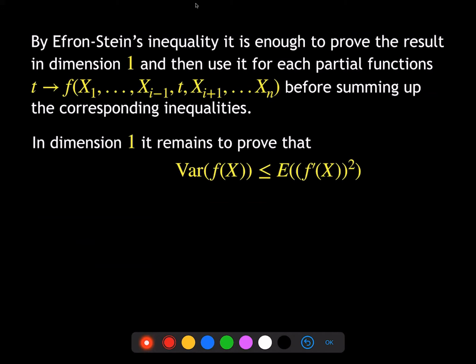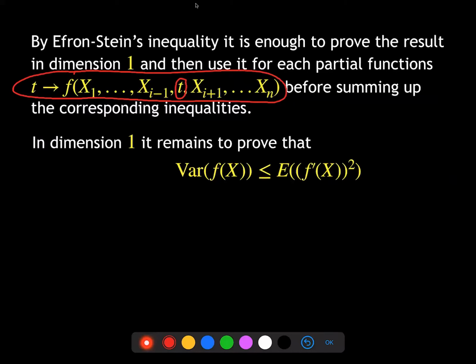Because as soon as you get this result in dimension 1, you can apply it to all the partial functions, which to t associate the function f at variables x_1, ..., x_{i-1}, t, x_{i+1}, ..., x_n, where you move only this coordinate, the number i.